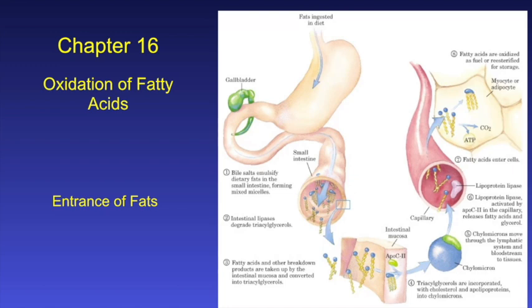Only when it gets into the intestinal lining are there proteins that will break it down. The proteins that break it down are called lipases. Lipid-ases, they will break down the lipids. It is a mechanism that occurs at a pH that is fairly neutral, but it is enzymatically cleaved.